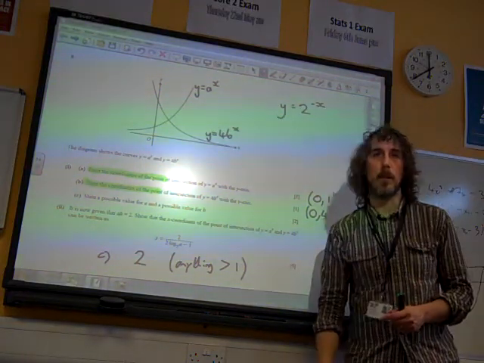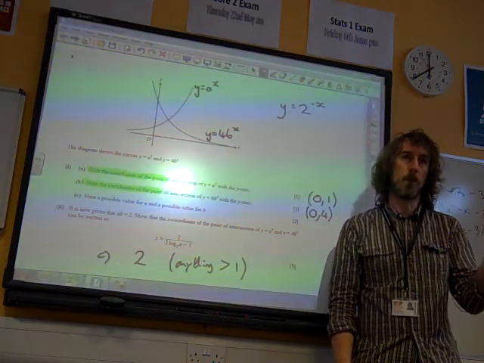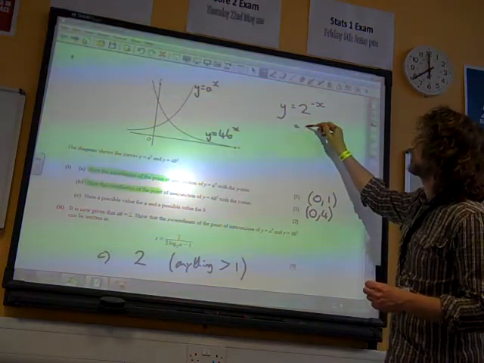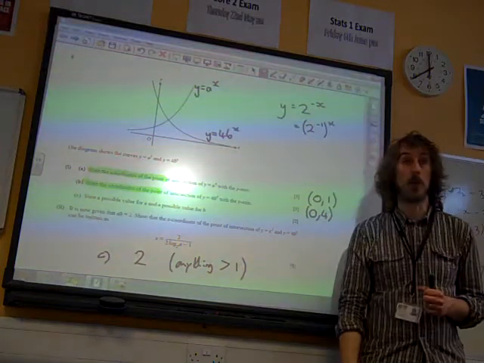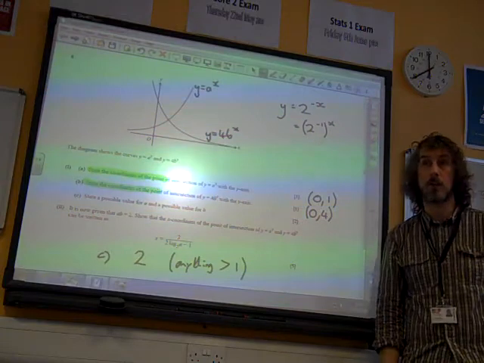Think about the graph 2 to the minus x. Now minus x means minus 1 times x, doesn't it? So we could write it like that, couldn't we? That means the same thing, because you multiply the powers, minus 1 times x gives us minus x.